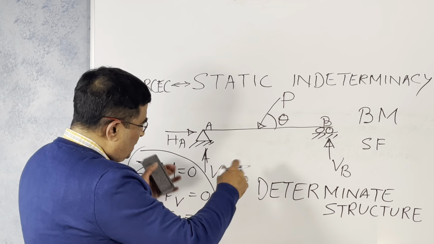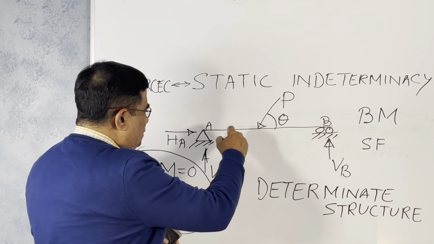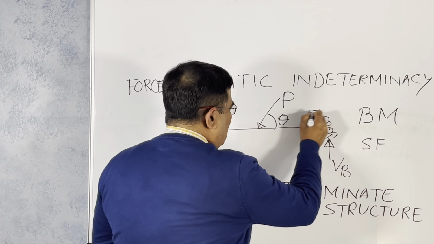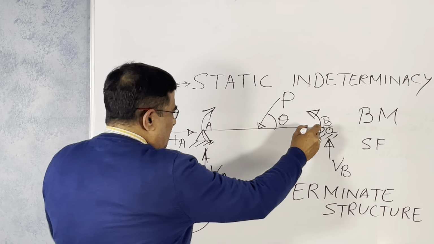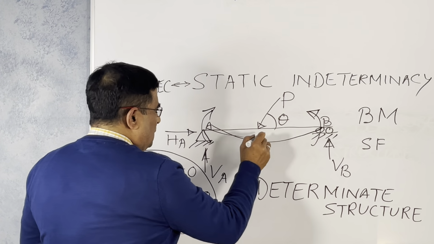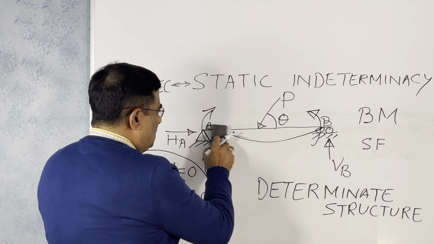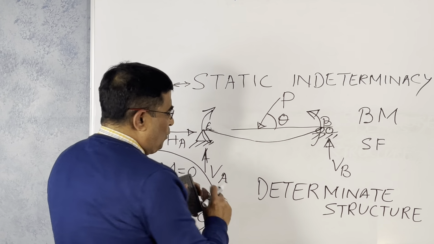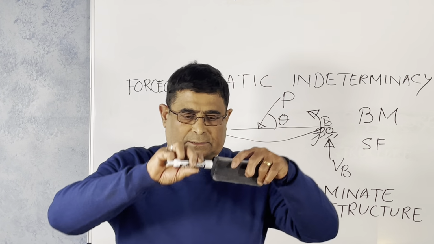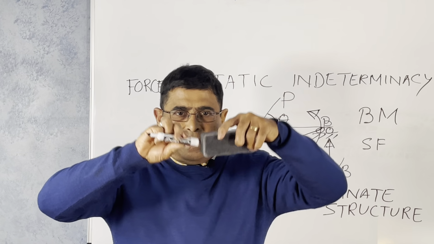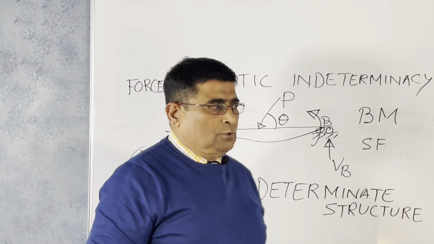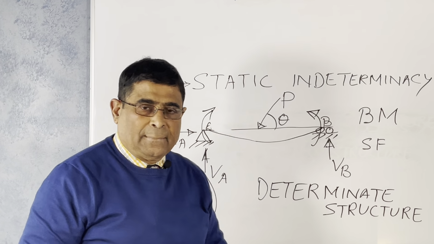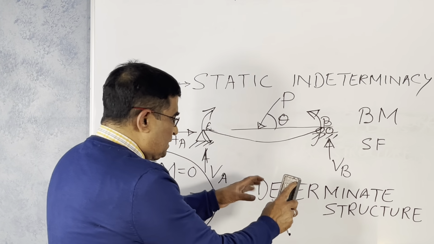A moment is a bending, rotation, something like that. Try to bend it. And shear, what is the shear action? I told you the shear is something like shearing it like that. So these two, bending moment and shear force, we can easily find on the beam. So this is a determinate structure.